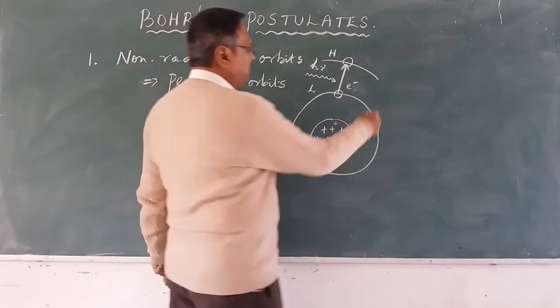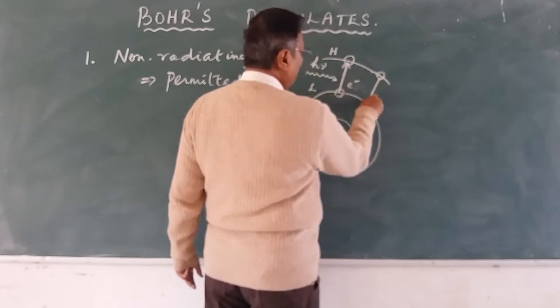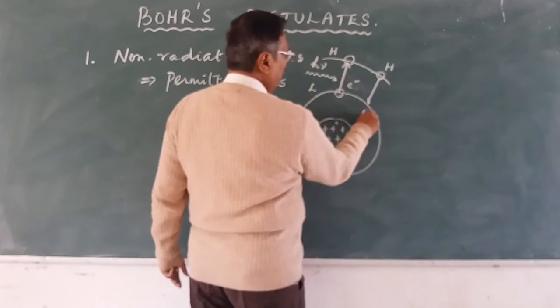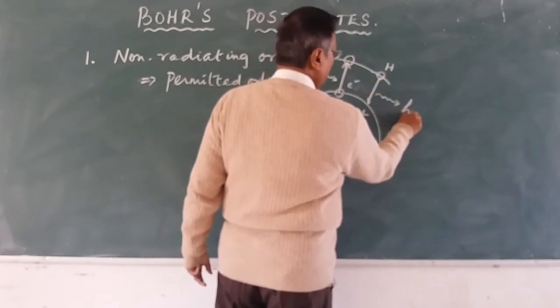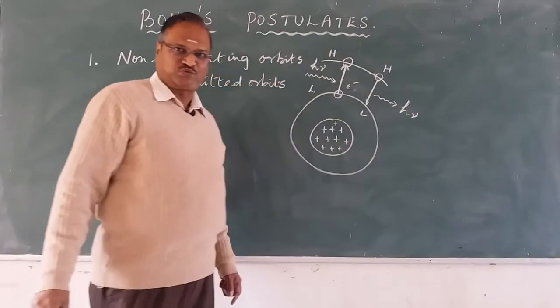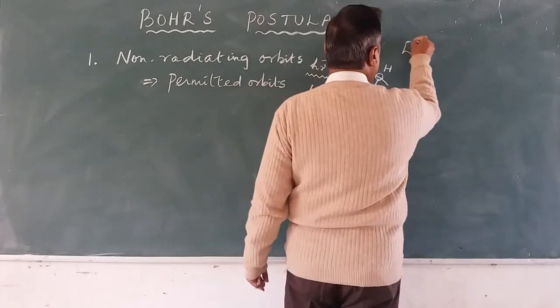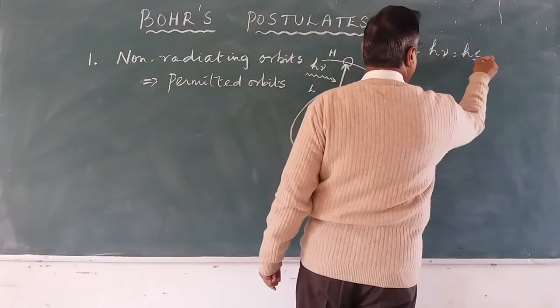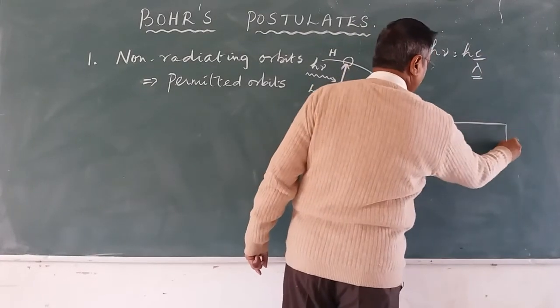Equally, if it can go to a higher orbit, it can also come back to the lower orbit. So when it comes from a higher orbit to a lower orbit, it will emit energy, which is also in terms of h nu. What is the meaning of being in terms of h nu? You know E is equal to h nu, that is equal to hc upon lambda, and here lambda is the wavelength, that's what the spectral lines are about.